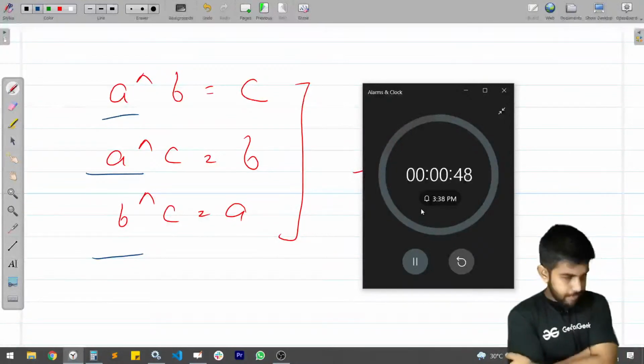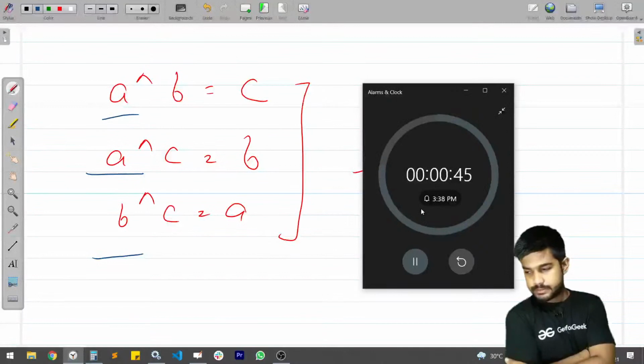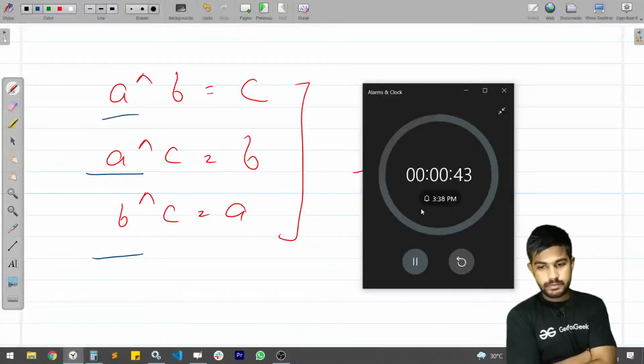So let us wait for 1 minute. Can you use this property to solve this?